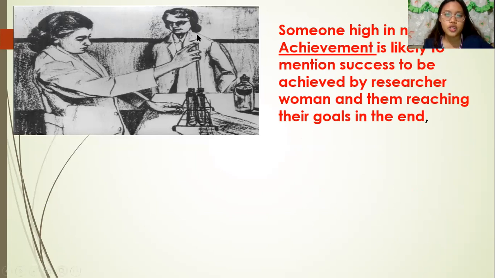So, kung yung person na nag-answer nito is in need of achievement, he or she may tell that these two researcher women are going to be successful in their research. Ano po, they will meet their goal after this research.